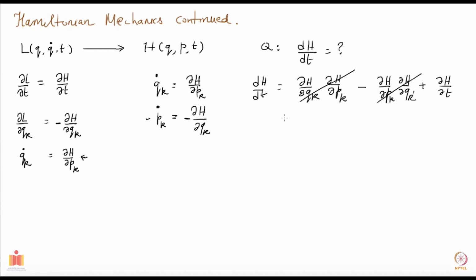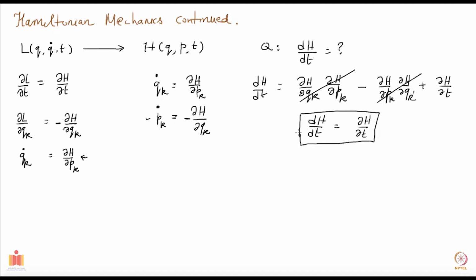What you are left with is ∂H/∂t. So the result we get is that the total derivative of the Hamiltonian with respect to time equals the partial derivative of the Hamiltonian with respect to time. That's a nice result.